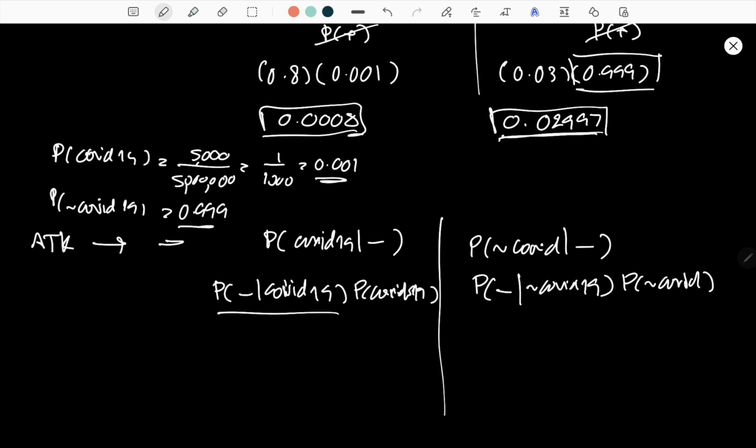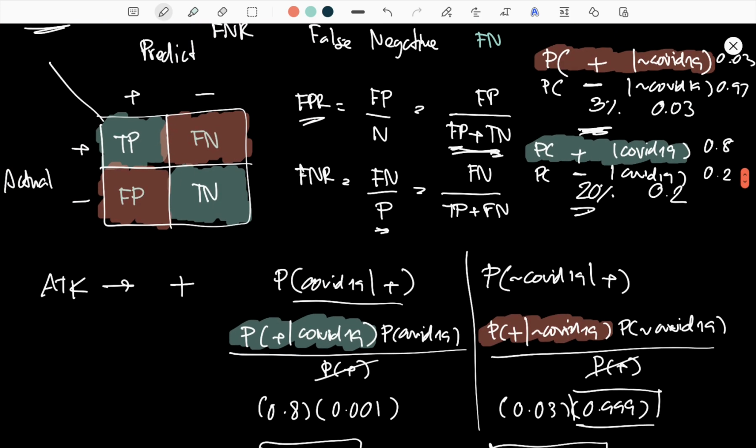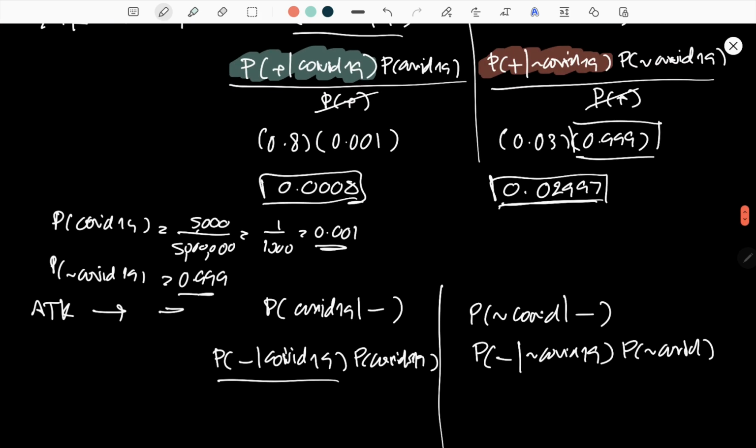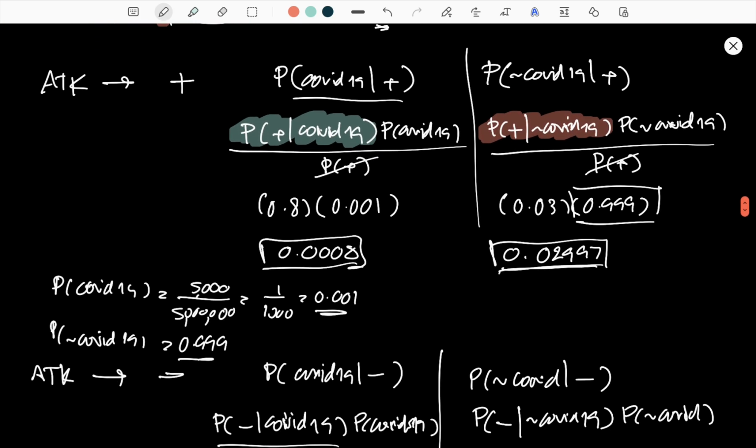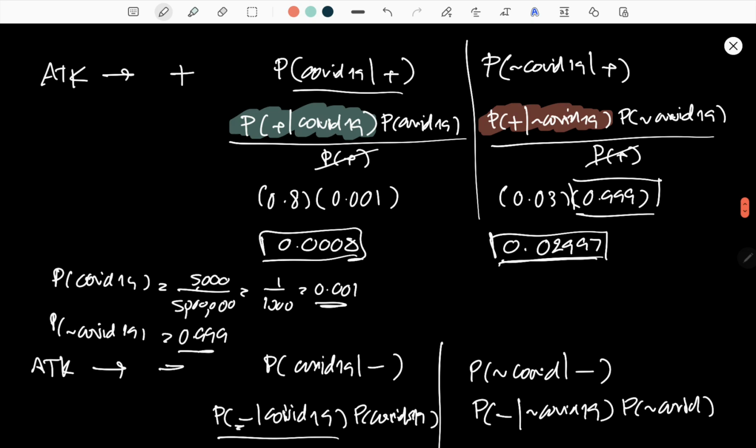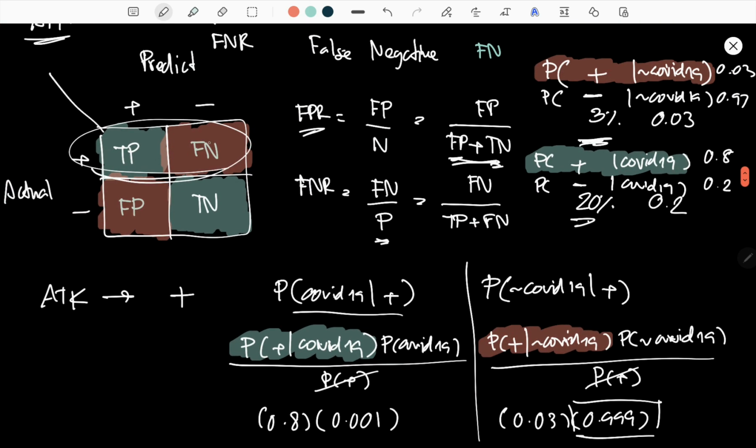So we have to find that in the case of COVID-19, that is this part, right? This part, in this case COVID-19, the ATK returns negative. So this is the false negative.